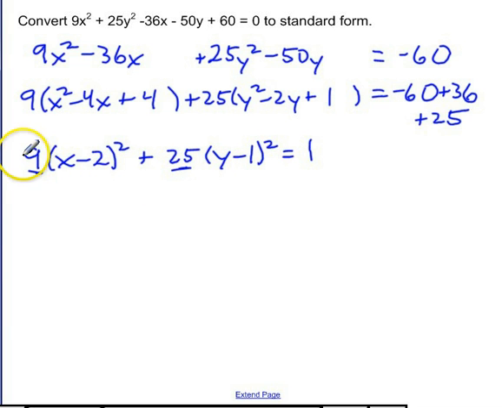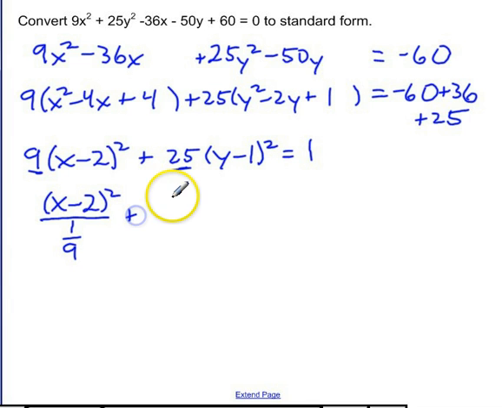So I'm going to convert this multiplication to a division. I'm going to say x minus 2 squared, and then instead of multiplying by 9, I'm going to divide by 1/9, and y minus 1 squared is going to be divided by 1/25.